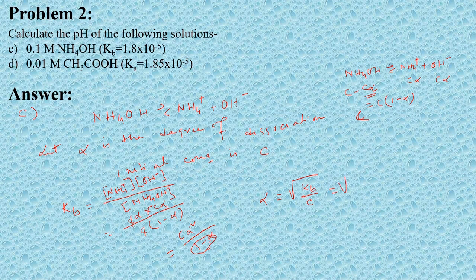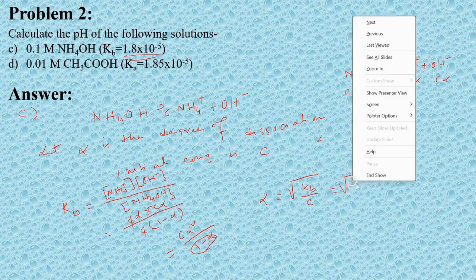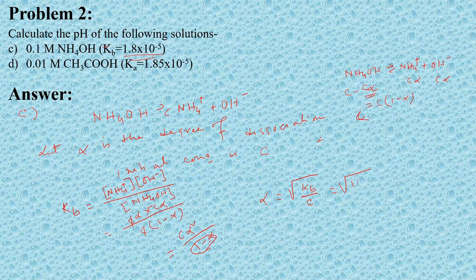Now Kb we got from our question. Kb is equal to 1.85 into 10 to the power minus 5, divided by C, the initial concentration.